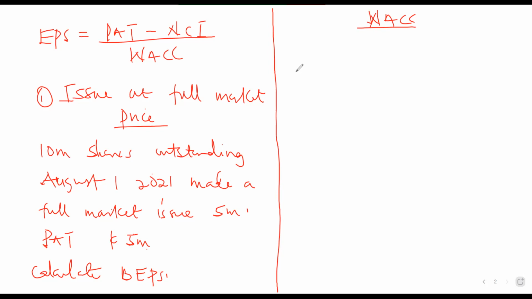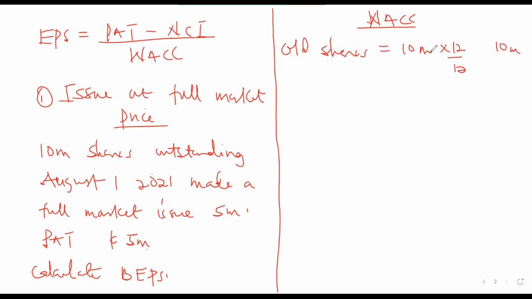The 10 million is going to have a full year. The 10 million will be there from the beginning. So you look at the old or existing shares. That is going to be 10 million, and it will be there for 12 months. So 12 over 12 will still give you 10 million.